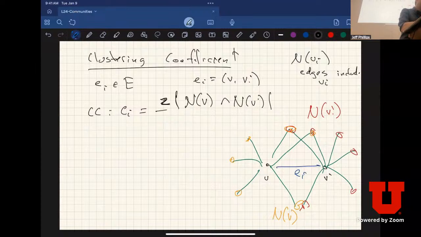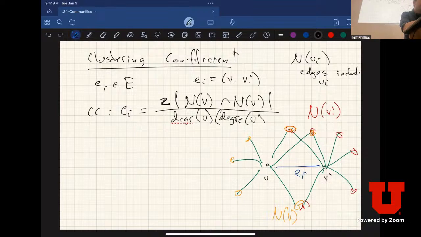The size of this divided by the degree of v times the degree of v prime minus 1. I'm not sure I got this quite right as I'm redefining this on the fly here, but it's something like the number of shared things in the neighborhood between the two vertices. So kind of the number of triangles over something like the expected.